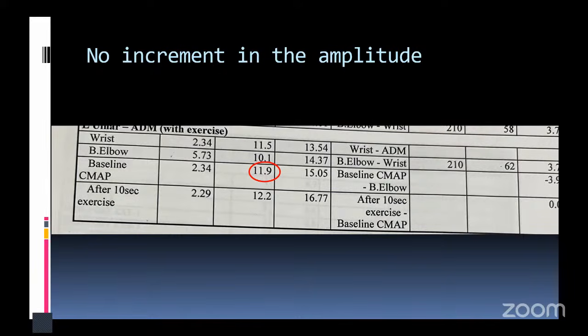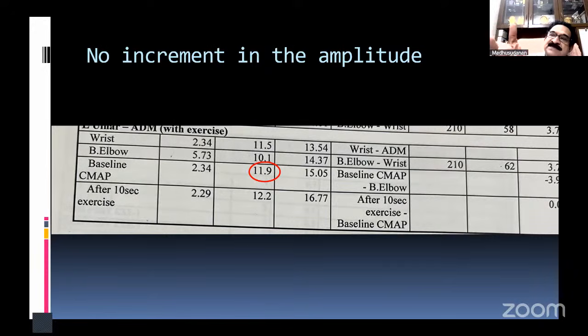Suppose you're doing the thumb, ask the patient to keep on contracting the thumb for 10 seconds and then repeat the stimulation. If it is ulnar, ask the patient to keep on contracting for 10 seconds and then repeat it. Usually we do the distal muscles. Not the repeated isometric exercise. You keep on contracting and then do the CMAP after 10 seconds.